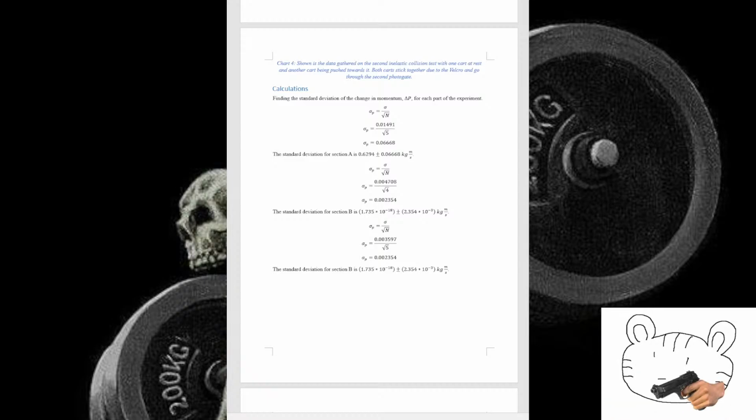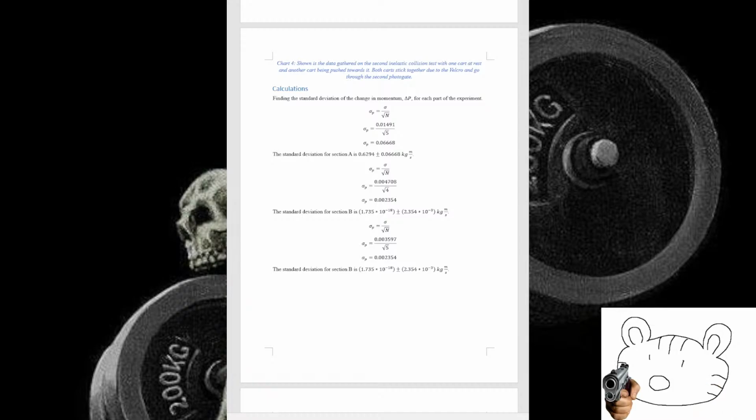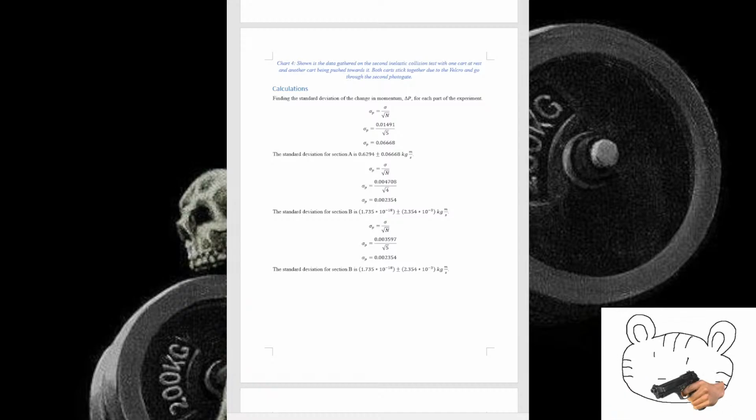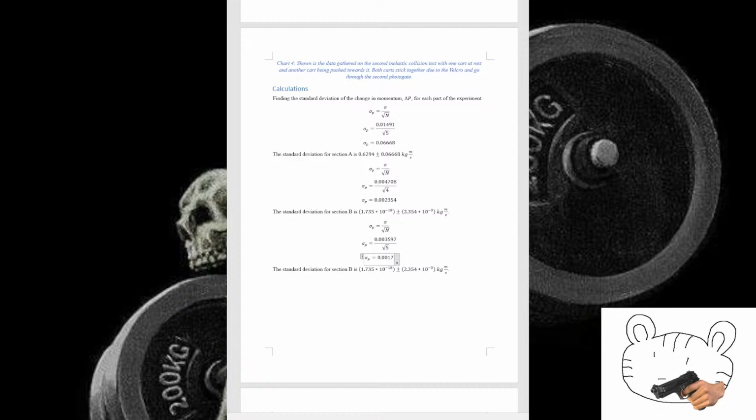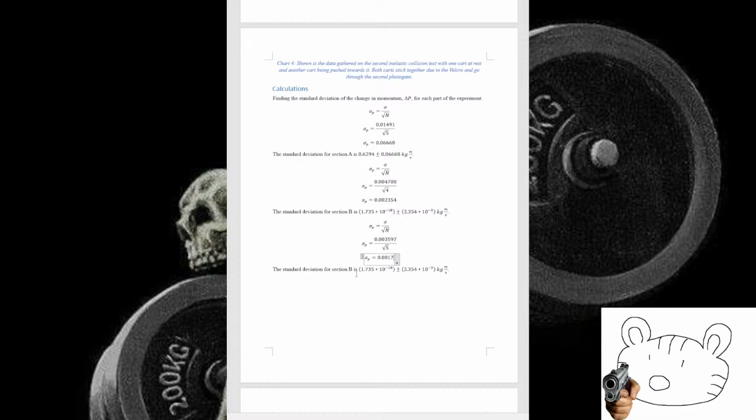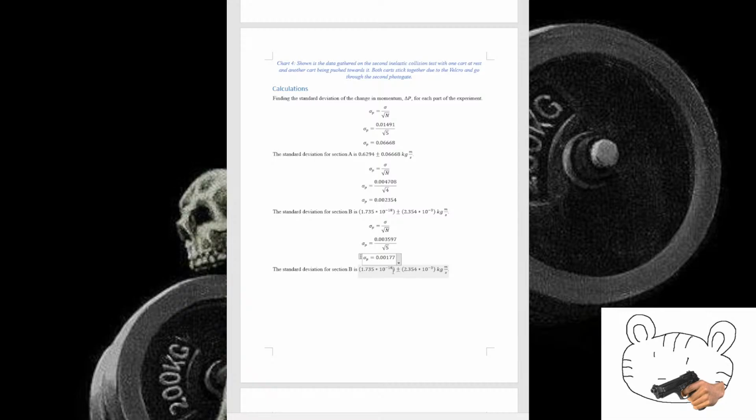So 0.00397 divided by the square root of 5 comes out to that number, which we will now put into scientific notation. 1.77.